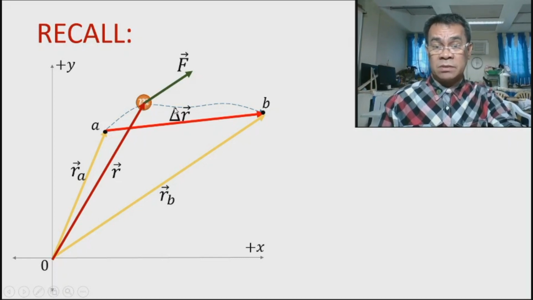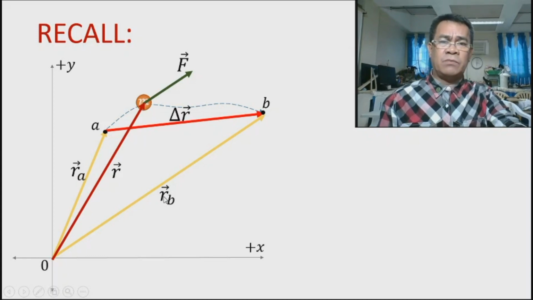If the particle is located at this point, then r is measured from the origin. Again, rA is the initial and rB is the final position, moving from A to B.